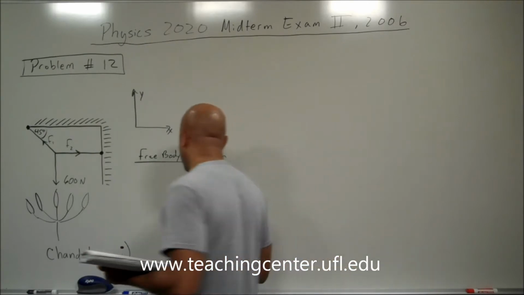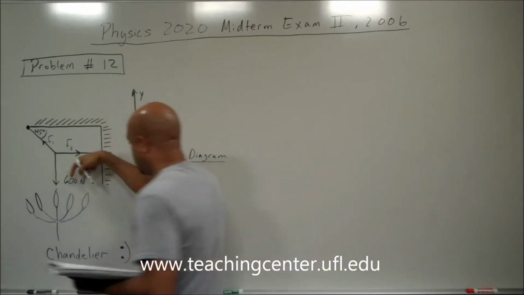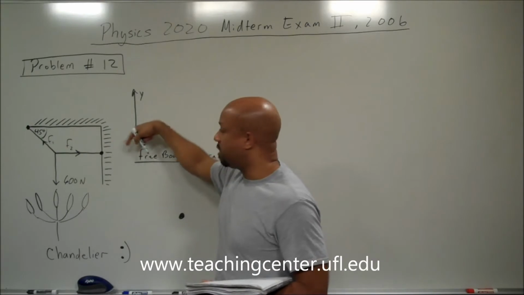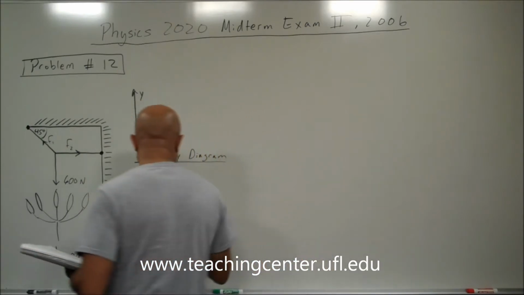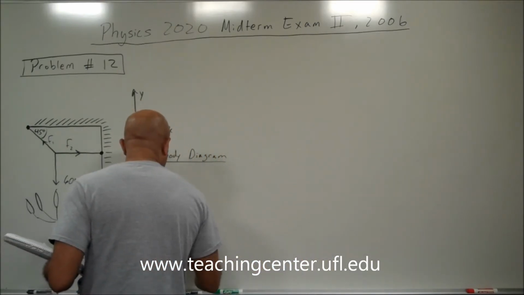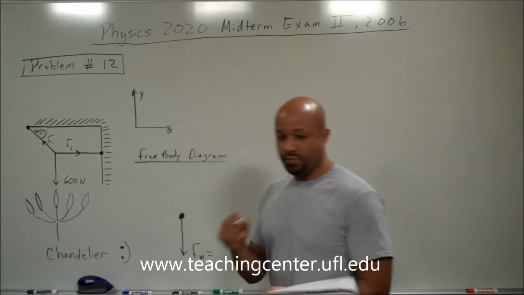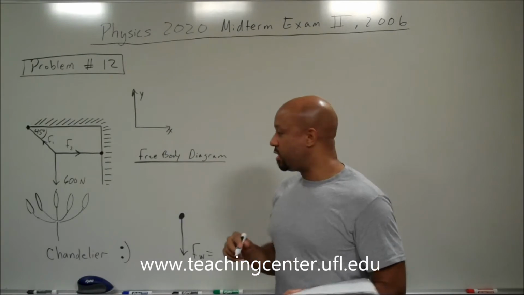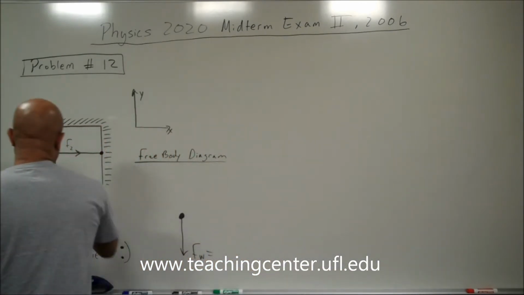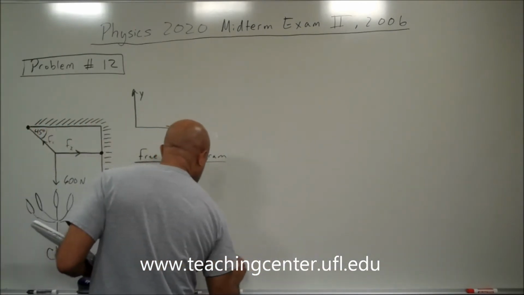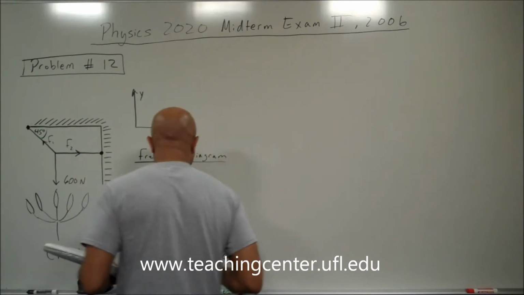This is just a weight force, acting in the negative y direction based on our coordinate system. We'll call that weight force Fw, and from the illustration in our diagram, we know that's 600 newtons.